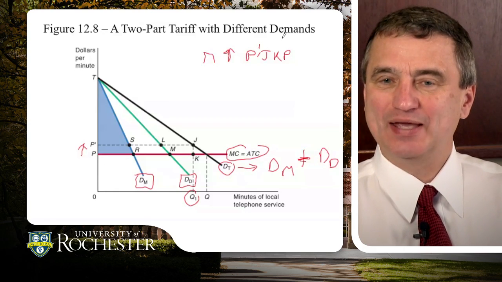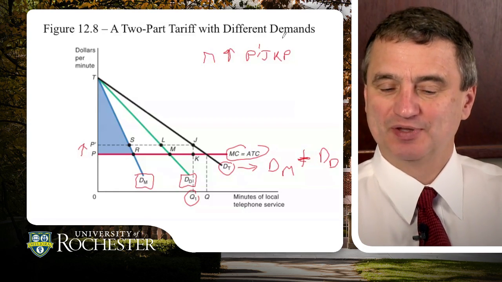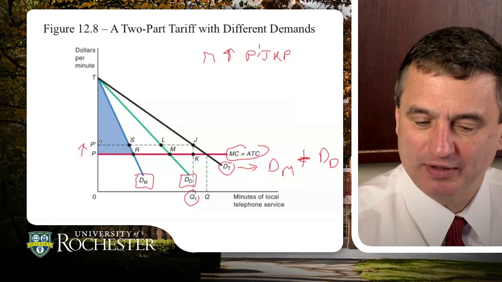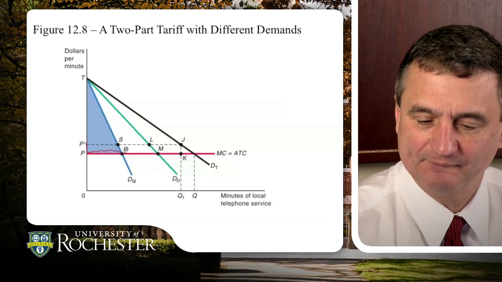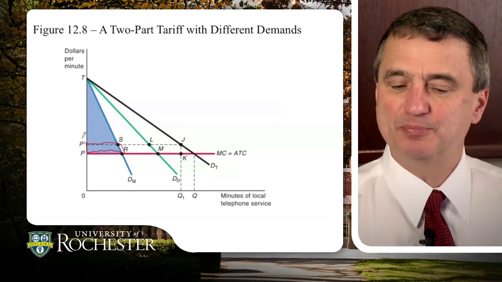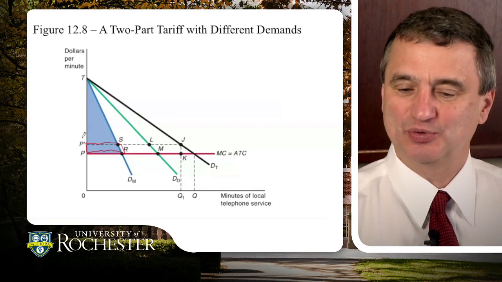Against that, we've got to weigh the lower entry fee we can charge. And that lower entry fee, if we want to keep both consumers, is P prime S R P times 2.